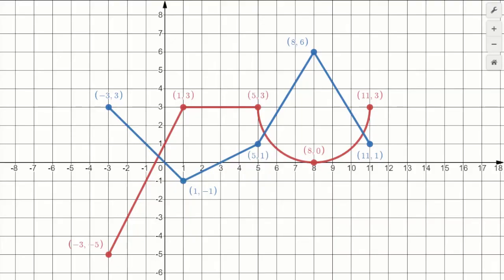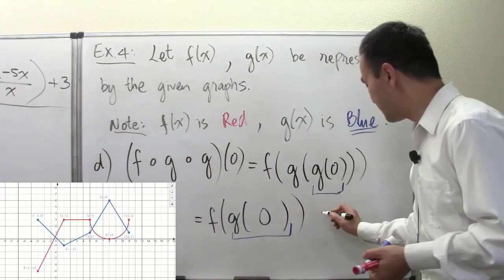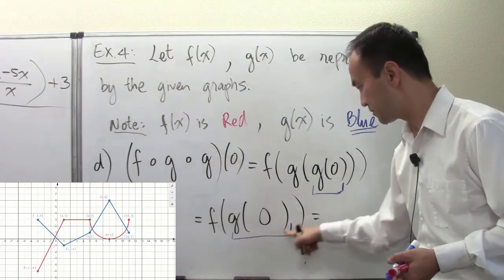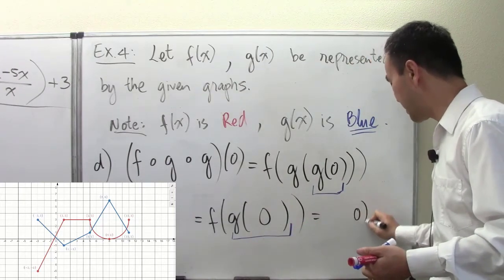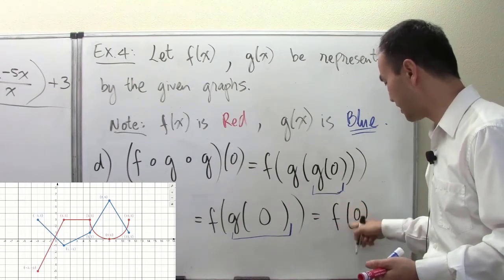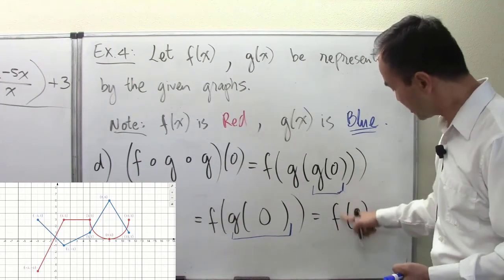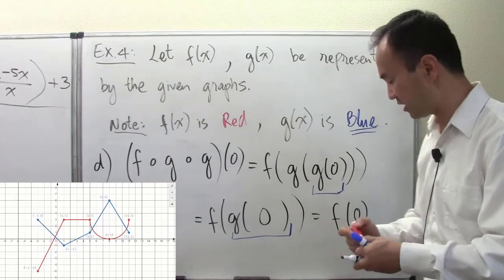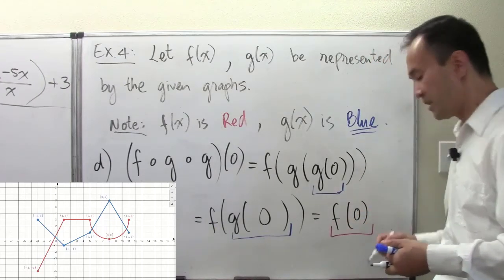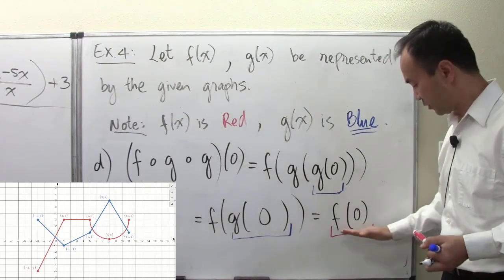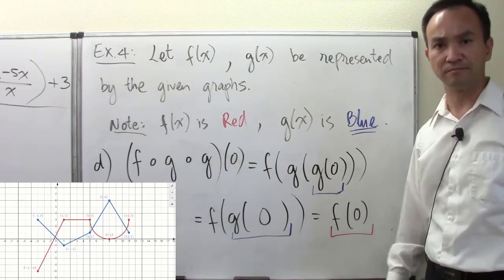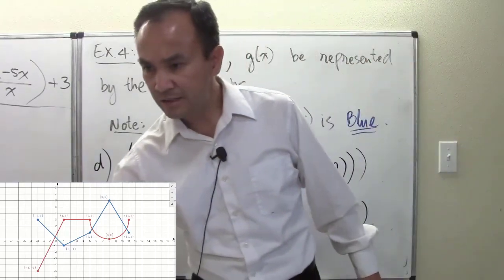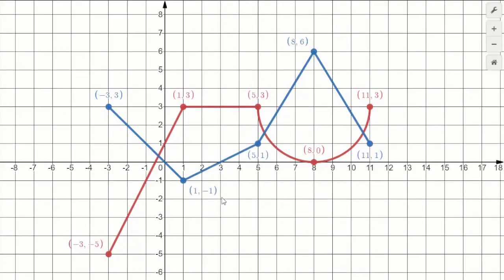So this g of 0 will give me the output being 0. But then that 0 is now going to become the input for our function f. And this time we are going to use our red function to estimate the final output. So it's red at this level, and it depends on the way the problem was given. Now back to full screen view. f of 0, this is f right here.